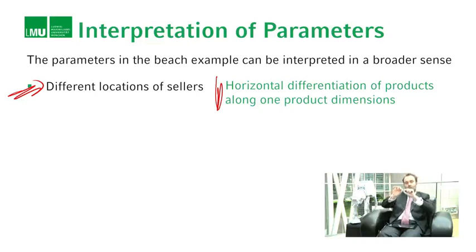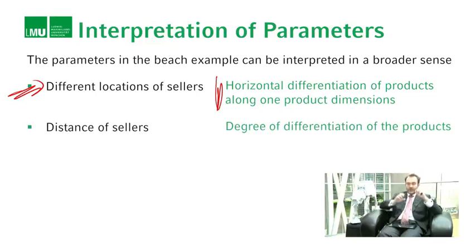So as long as there's one product dimension by which products are differentiated, then the different locations can be reinterpreted as that. The distance of sellers is simply the degree of differentiation of the product. If you have two very different colors, or an early morning flight and a late night flight, these are very different products, which means that the two are in less intense competition from each other.